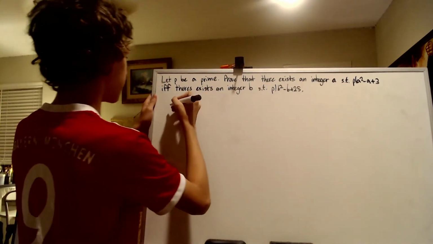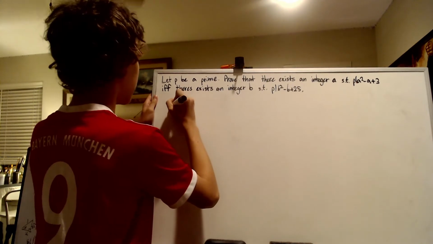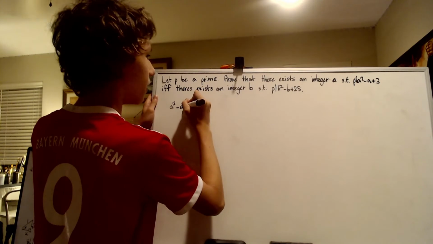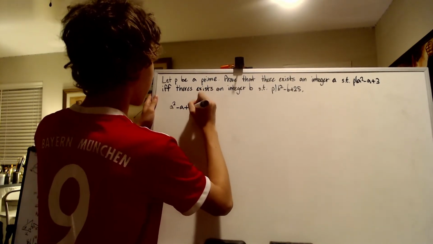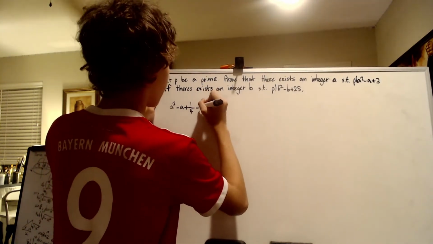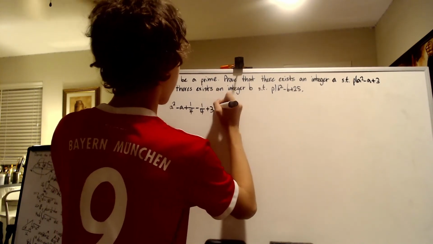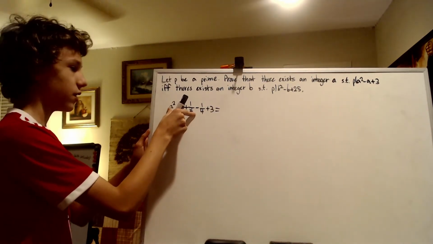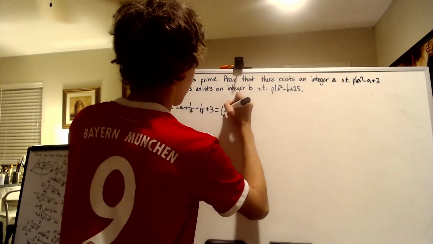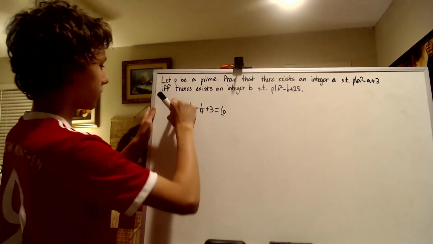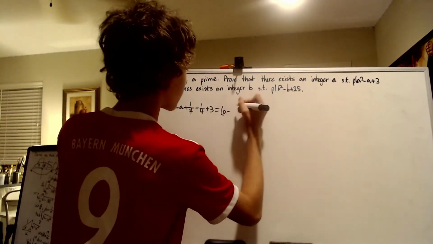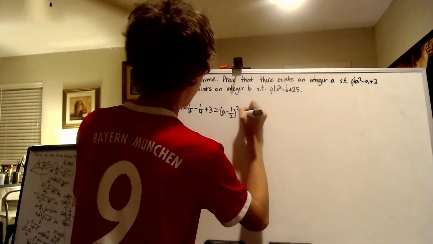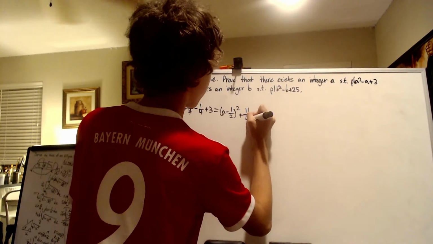So what we get is A squared minus A plus 1/4 minus 1/4 plus 3, which is nothing but, well, now we'll have the square here, obviously. So we're going to have A minus, well, this coefficient over 2, which is minus 1/2, all squared, and then 3 minus 1/4, well, that's just 11/4. Okay?